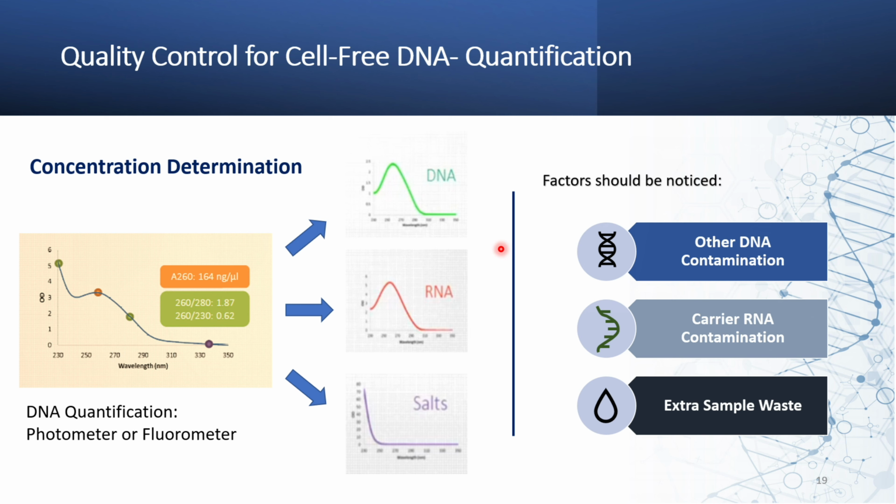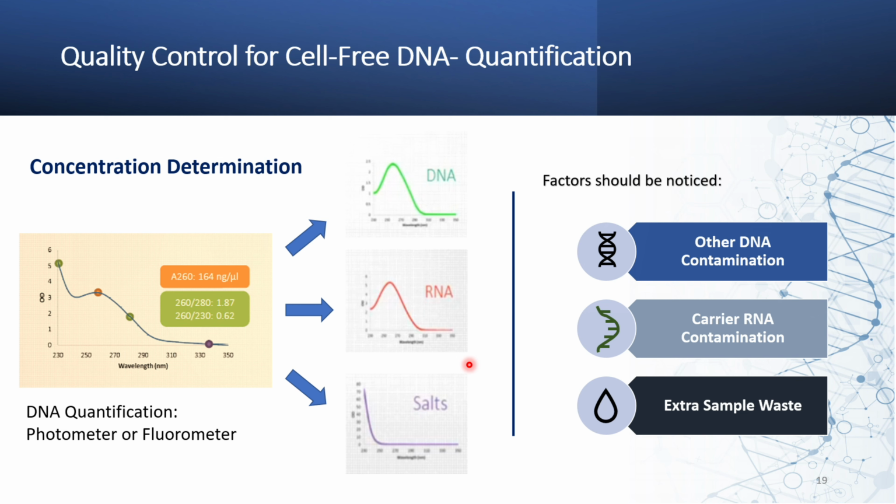As mentioned, the quantitative principle of the photometer and the fluorometer is based on absorption, so it means the materials with the same OD, like DNA and RNA, would be detectable at the same time.